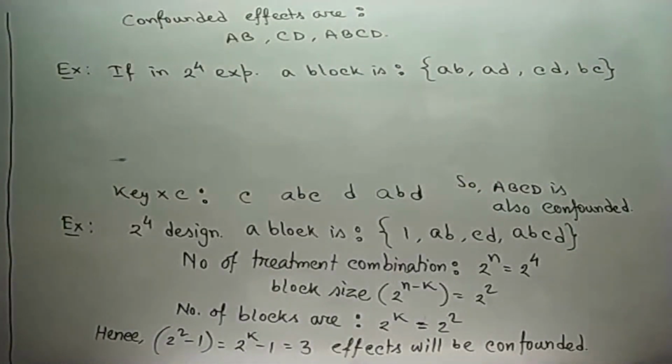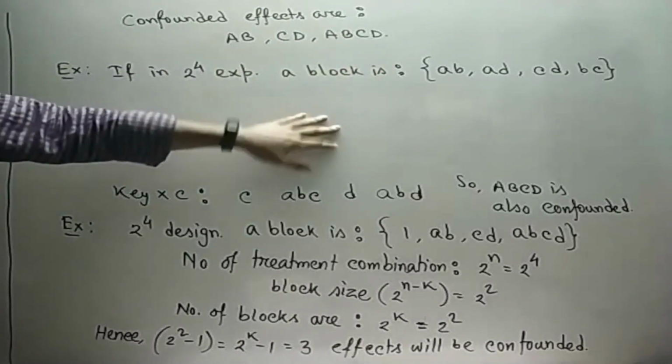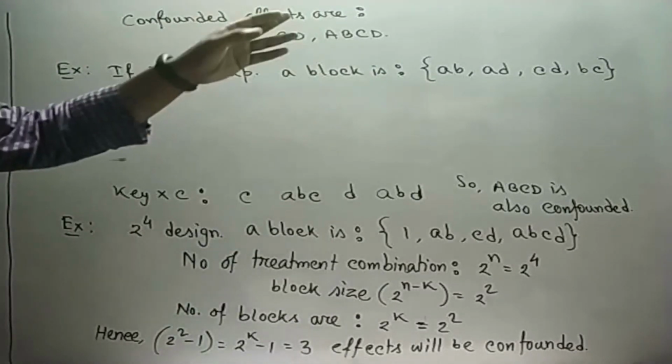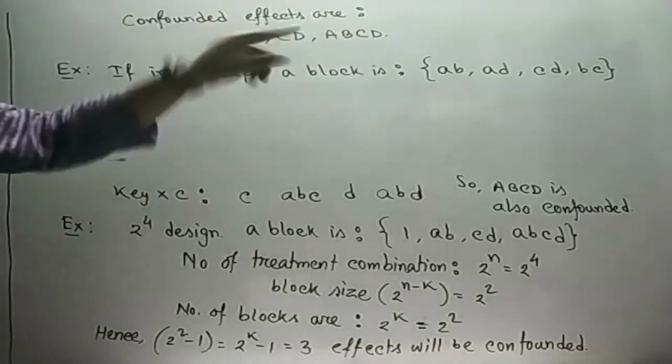Obviously this is a block under a 2 to the power 4 experiment. Now this is not a key block. If we don't have the key block, we cannot surely tell about the confounded effects. So that's why we have to construct the key block first from this block.